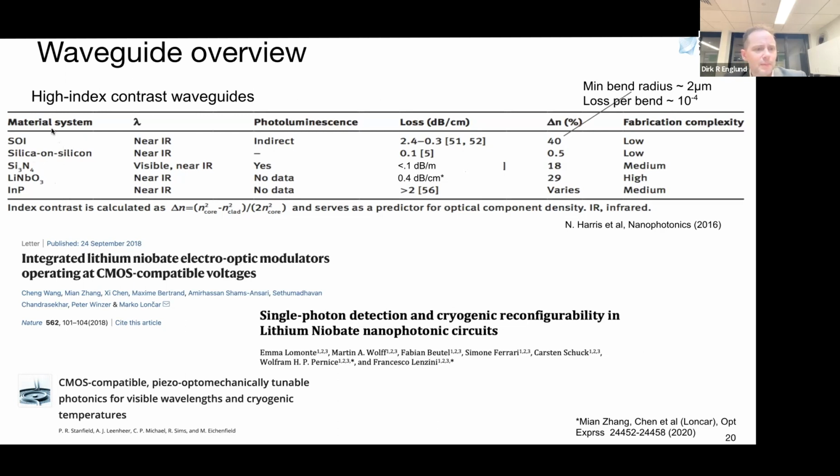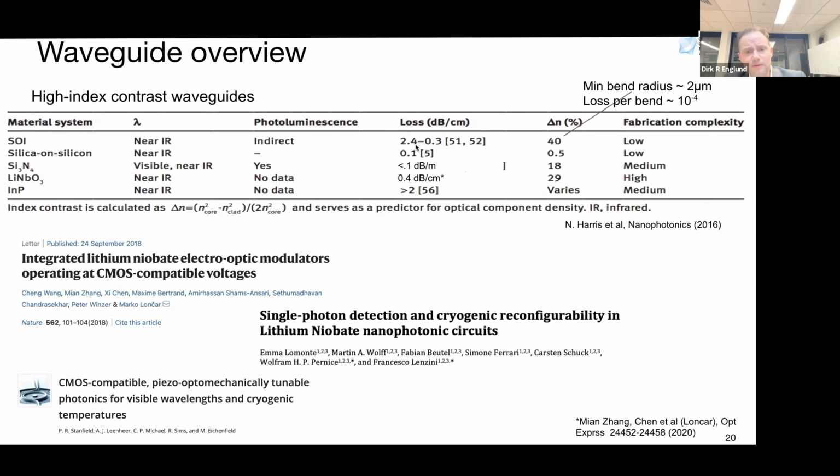So the material system of silicon in silicon dioxide, what we just looked at in the near infrared, has low photoluminescence because the band structure of silicon is indirect, so it doesn't fluoresce. And moreover, if you work in the infrared, then the excitation of electrons into the conduction band is small.